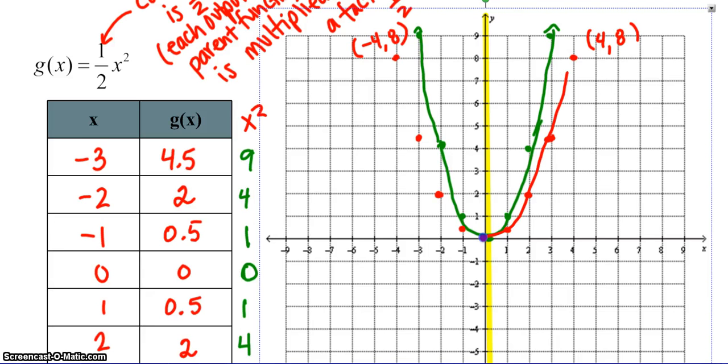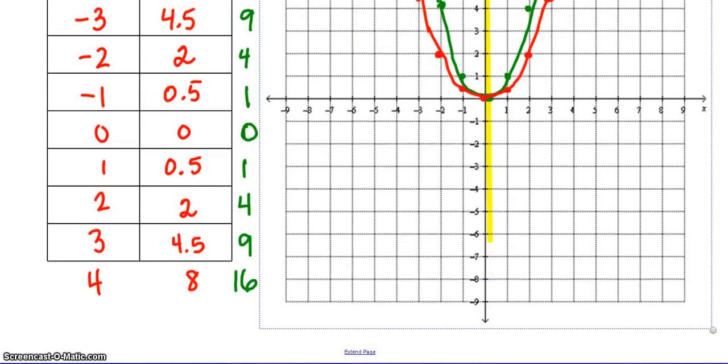And this is no longer a normal parabola, nor did it become tall and skinny. Some people might say that this became a fat or a wider graph. What happened here was we had a vertical shrink. So this is a vertical shrink.